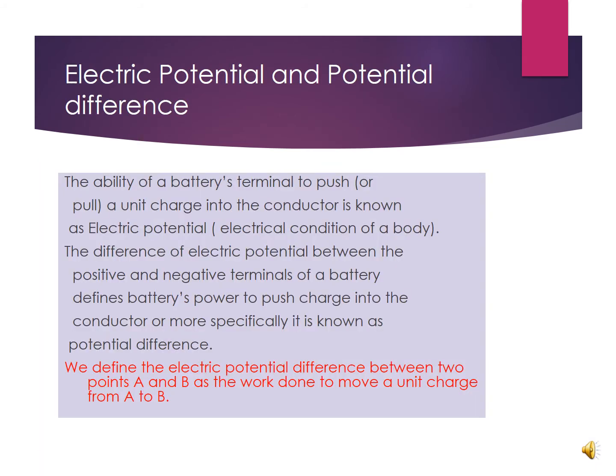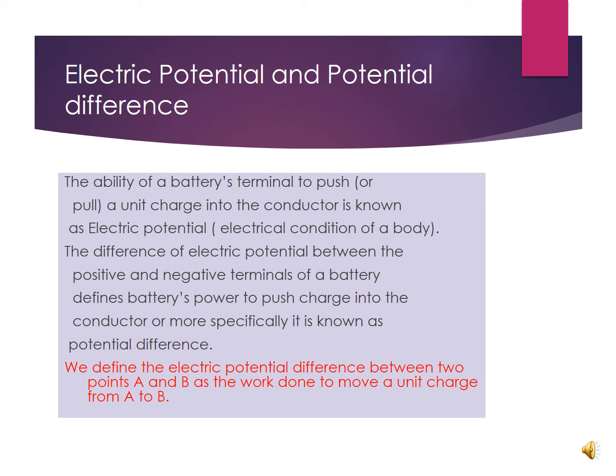Electric potential and potential difference. The ability of a battery's terminal to push or pull a unit charge into the conductor is known as electric potential. In general terms, we define electric potential as the electrical condition of the body.